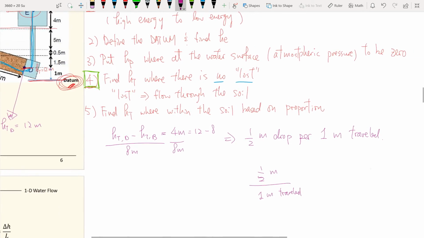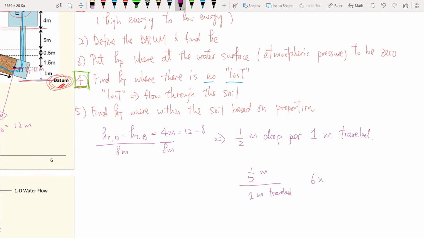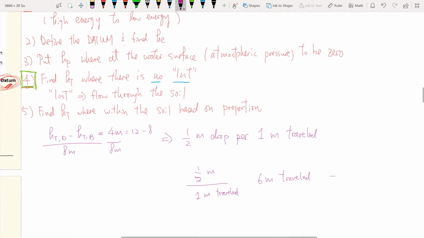And we travel 6 meters right here to point C. Then, if we cancel out, we dropped 3 meters.